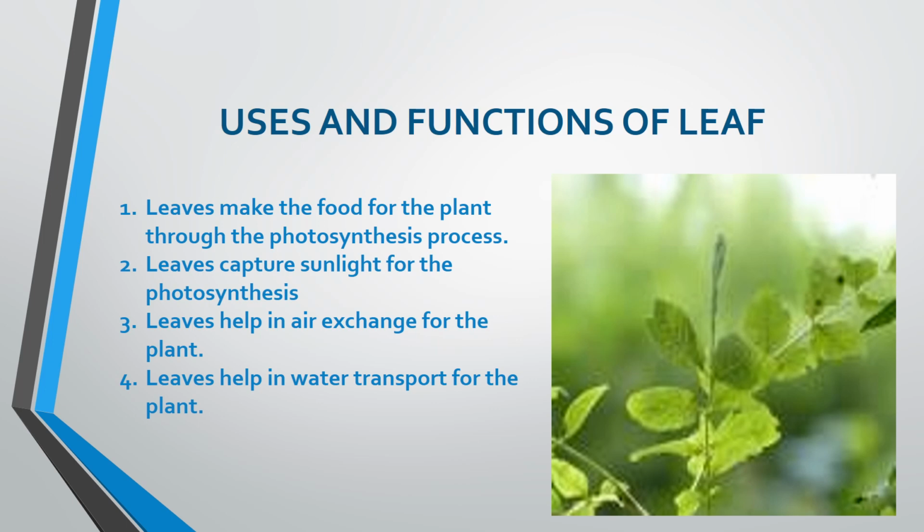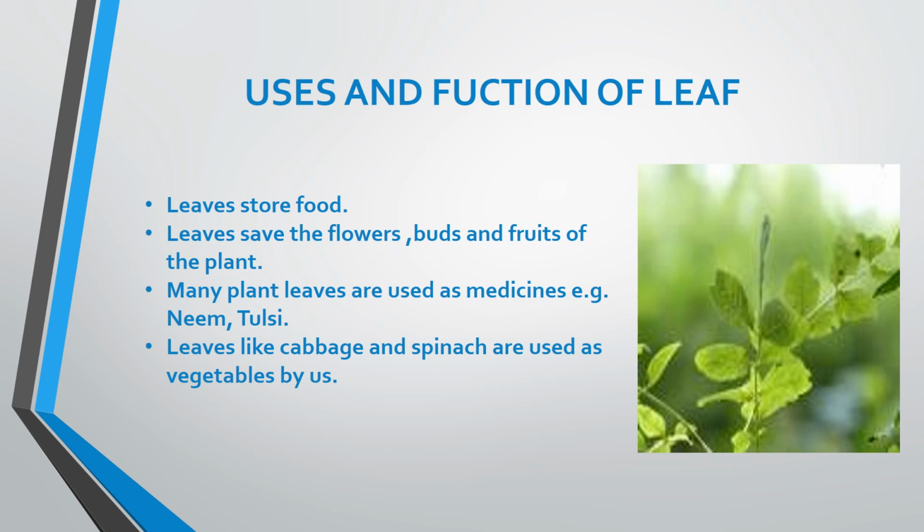And the fourth point is leaves help in water transport for the plant. Means when the leaves contain water, with the help of veins, it transports the water to the different parts of the plant. Next, leaves store food.